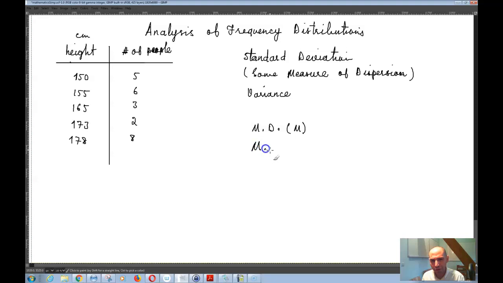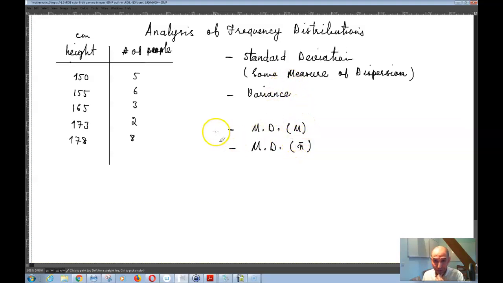So we had basically these 4 measures: this one over here was standard deviation, this was variance, this was the mean deviation about the mean, and this was the mean deviation about the median.